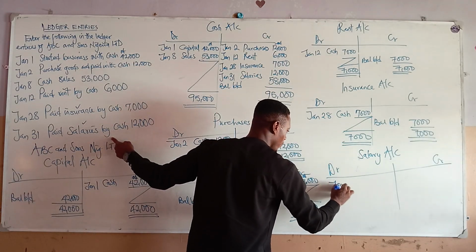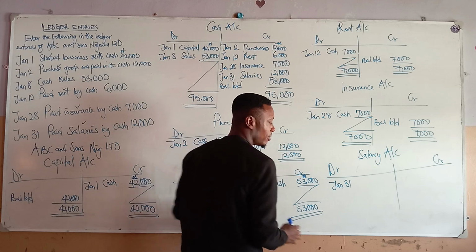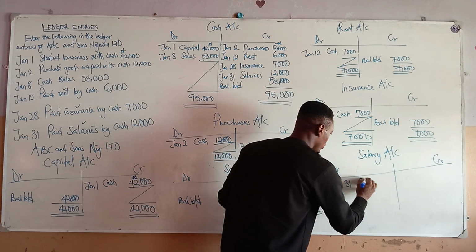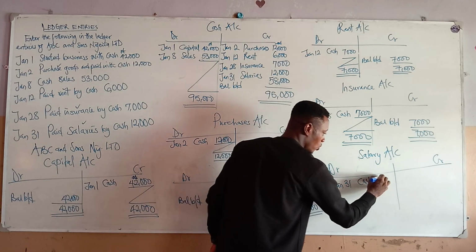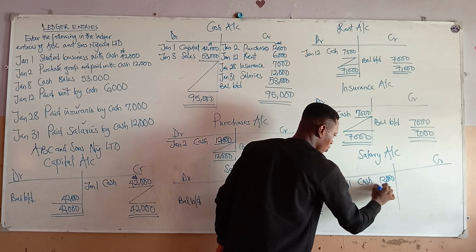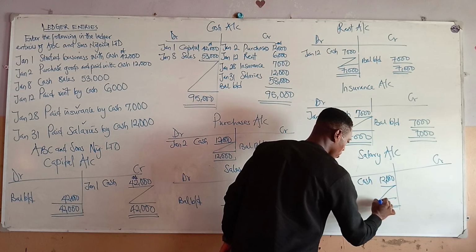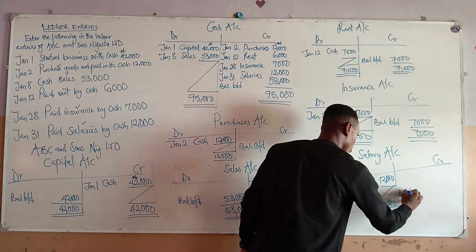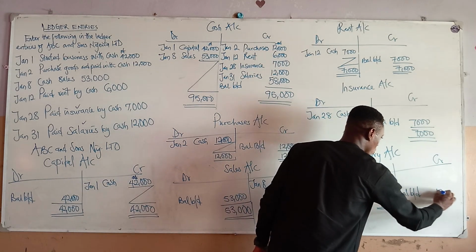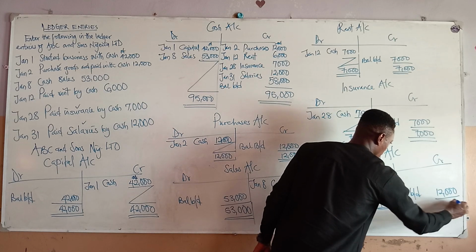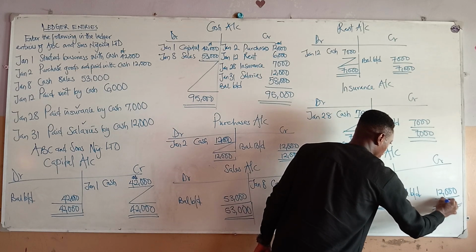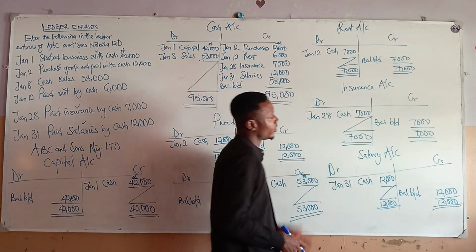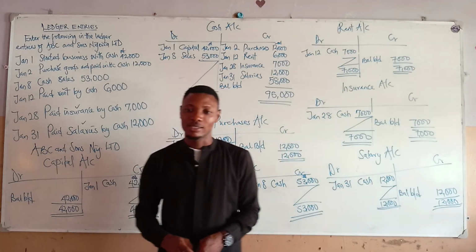This is January 31st. Salary was paid by what? Cash. And our cash is what? 12,000. So I will close 12,000, and this is my balance brought down, which is 12,000.